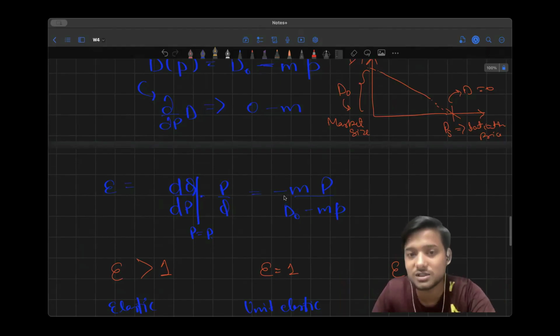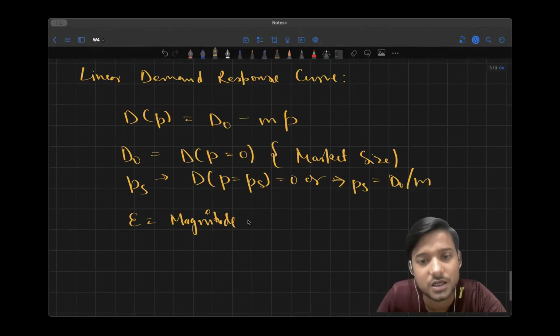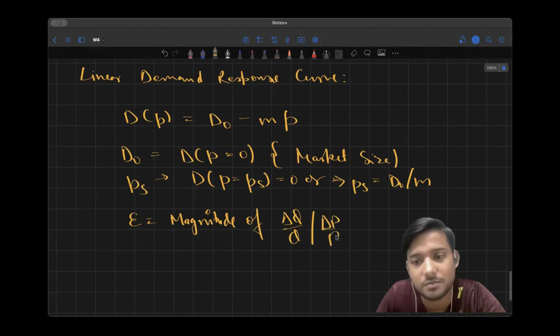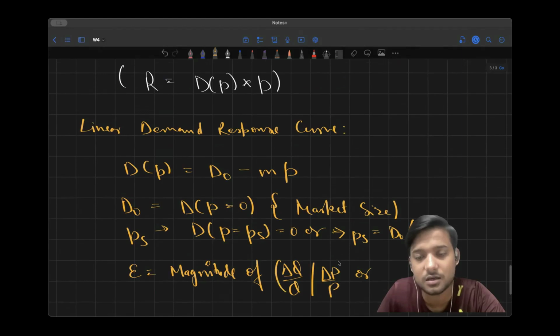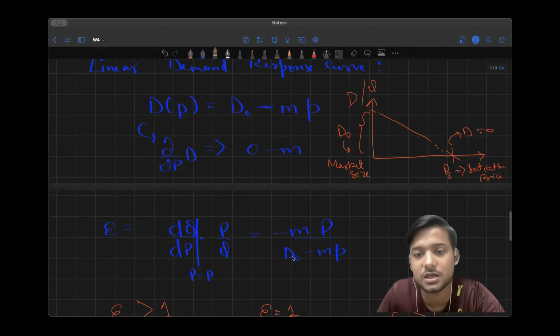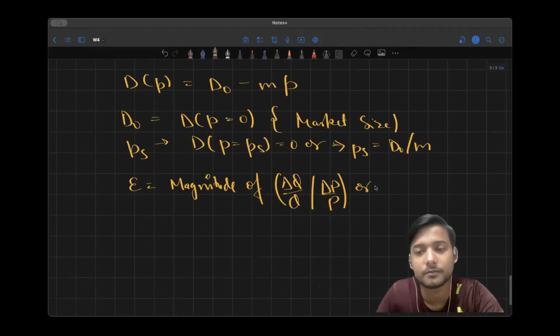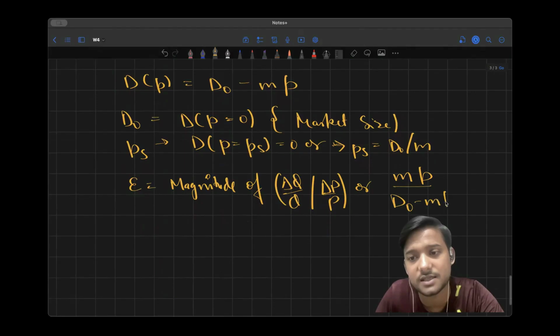So we can ignore the sign, and elasticity is going to be the magnitude of delta Q by Q divided by delta P by P. And in this case, as we found out, this is going to be minus MP by D naught minus MP. When we take the mod, considering only magnitude, this becomes MP upon D naught minus MP.